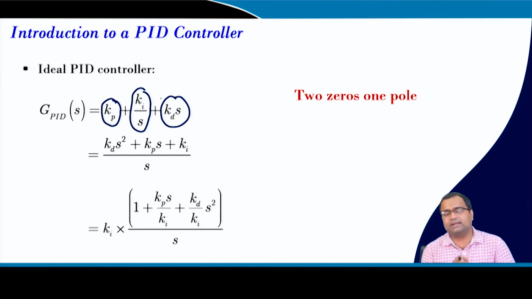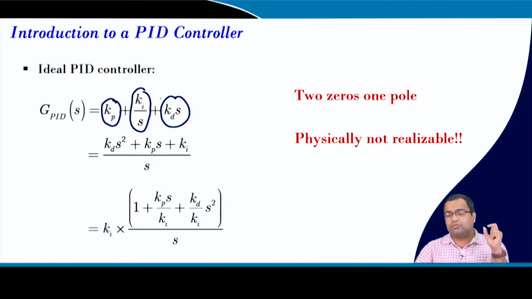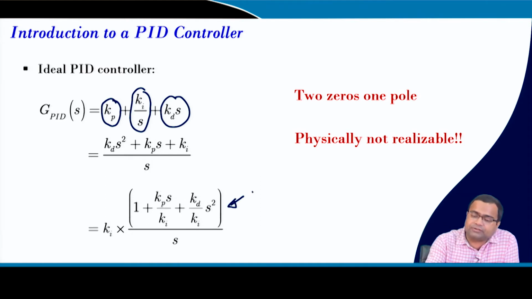But the problem is that an ideal PID controller has 2 zeros and 1 pole, which is physically not realizable, because this is an improper transfer function.